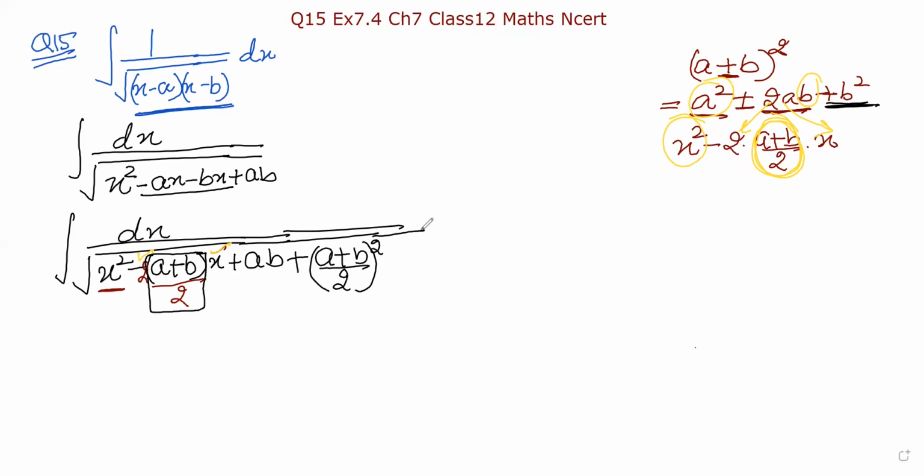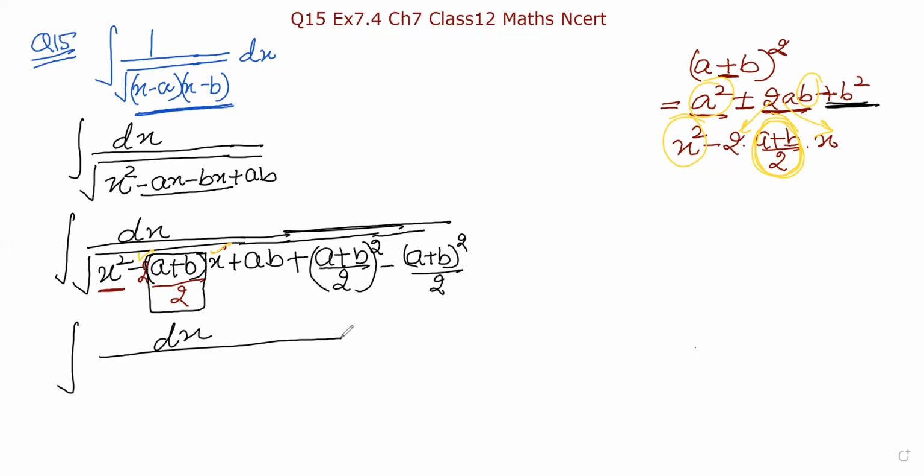But we know in equations, we cannot add such things like this. So I will subtract also to make a balance. Right? Very important step. I hope you understood. If not, then just go backward in the video and you will understand.